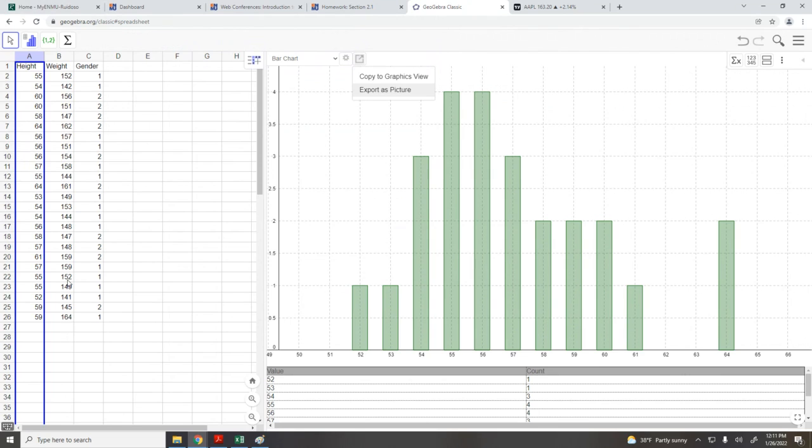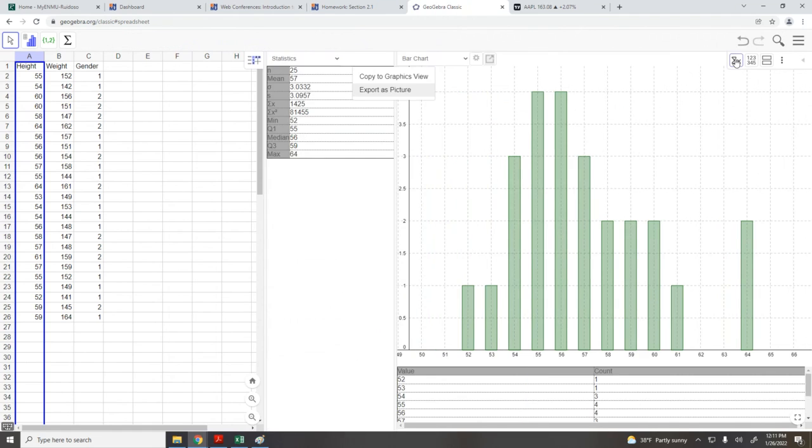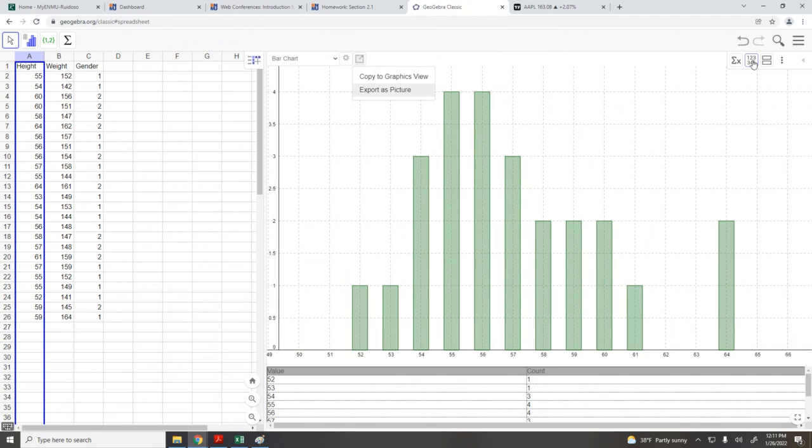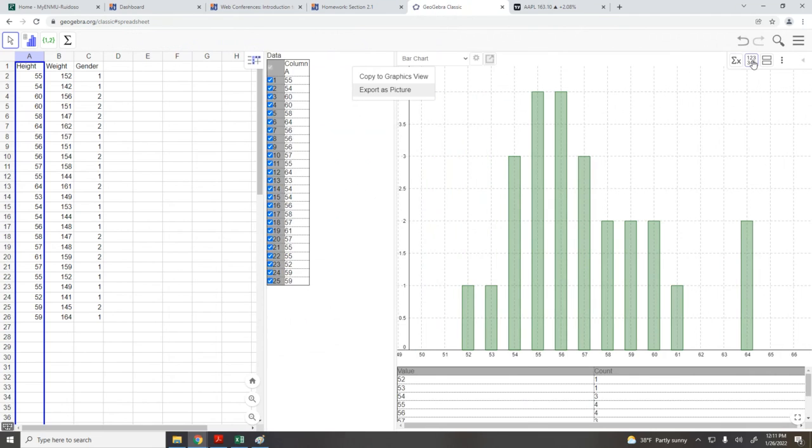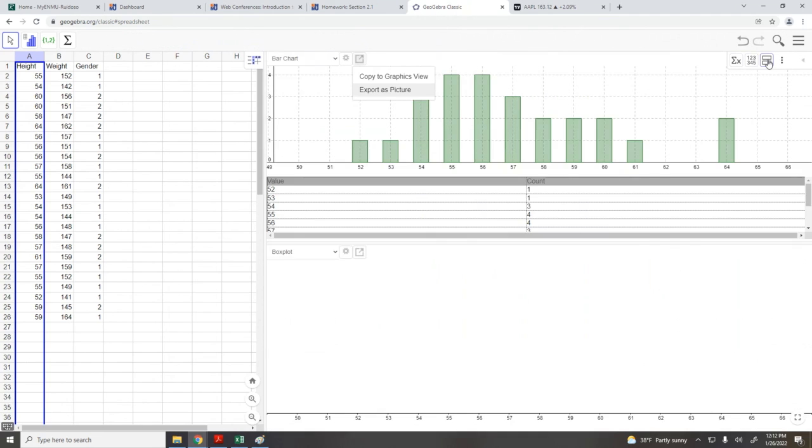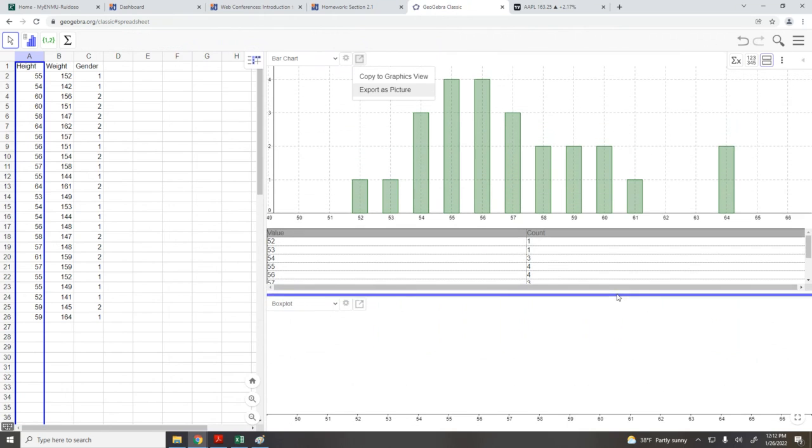That will make things easier and it will help us to graph the data. Is there anything else? Mean, median, quartiles, everything is there. Yeah, I was talking about this one. That looks fine.